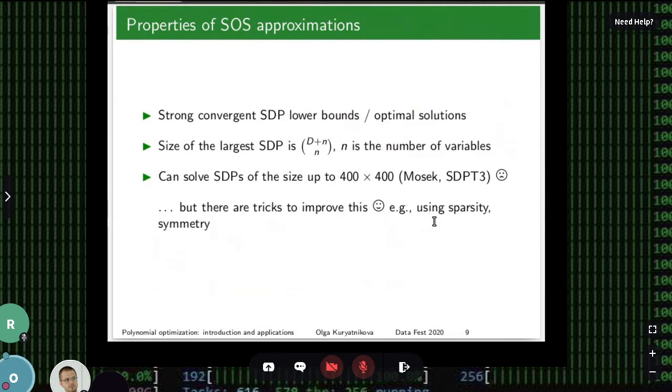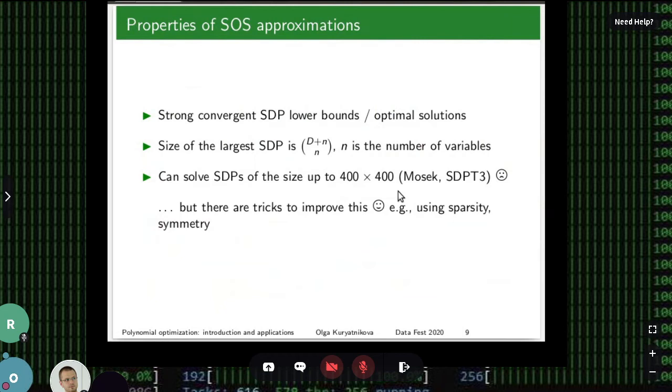As a result, you probably have not seen many applications of polynomial optimization in real life problems, because it is just being developed now how to use it for larger problems. Before, it was mostly used to show some theoretical results. However, right now there are tricks to improve the size, so we can deal with larger problems.